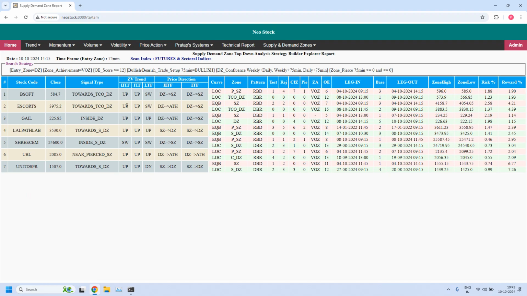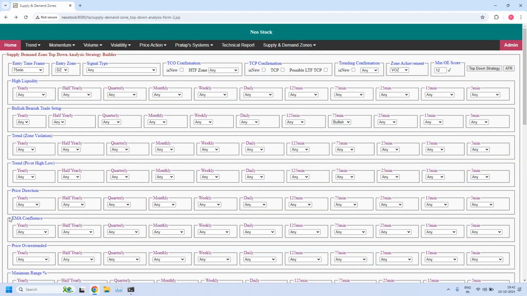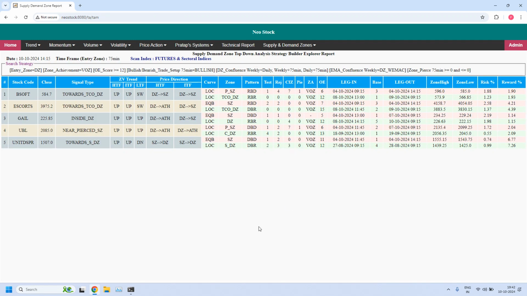And weekly trend is up except the 5th one, remaining all are uptrend. So in those stocks, if any weekly EMA confluence is there, it is a high probability setup. In the EMA confluence, weekly time frame, weekly demand zone with weekly EMA confluence filter I enabled. We got 5 stocks.